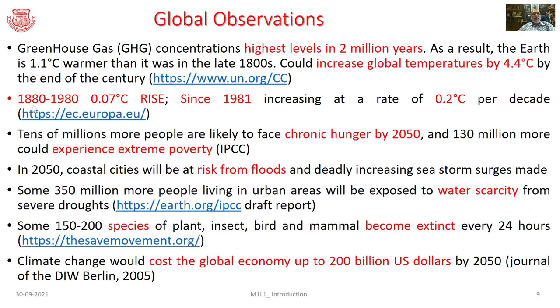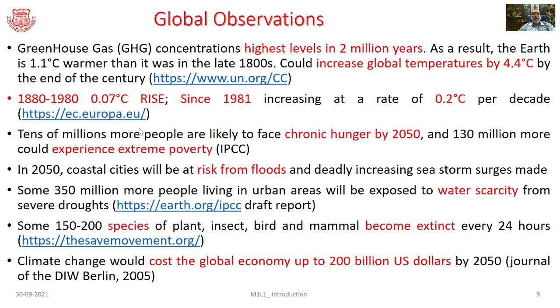During the span of 1880 to 1980, the temperature rise was 0.07 degrees centigrade. Since 1981, it is increasing at a rate of 0.2 degrees centigrade per decade.